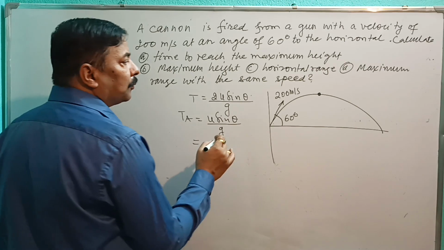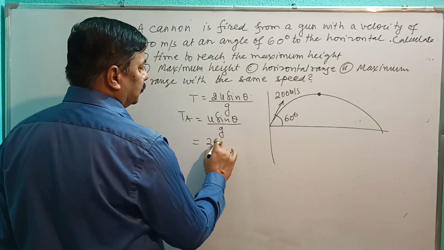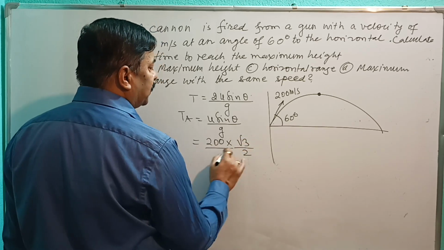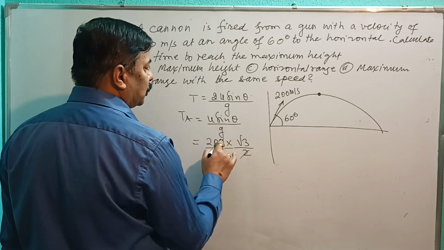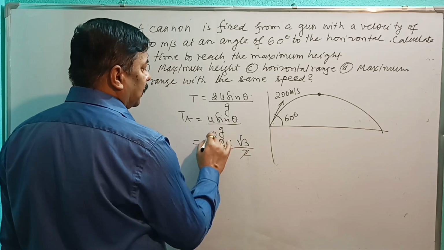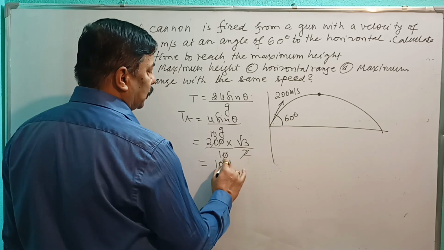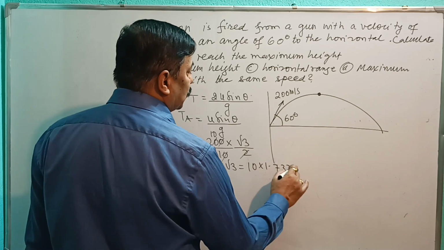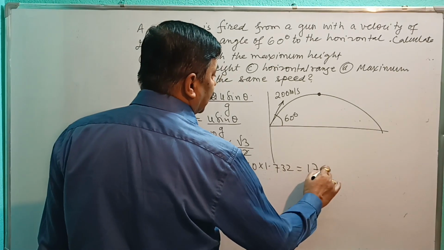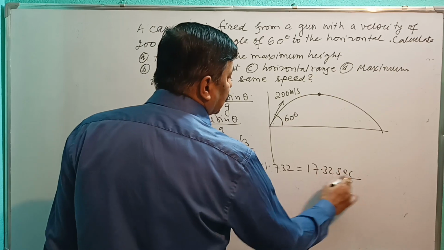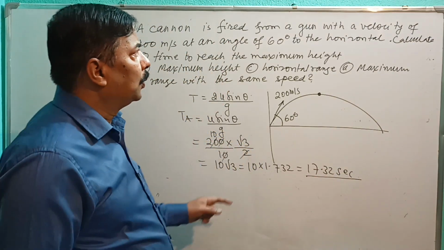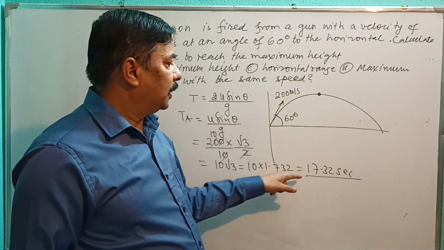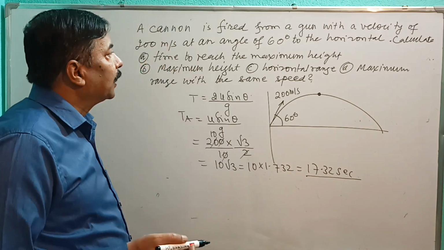This is giving you 200 sine 60, root 3 by 2, by g, 10. So the zeros will cancel. So 10 root 3, 10 into 1.732, that is 17.32 seconds. So the cannon will reach this maximum height in 17.32 seconds.